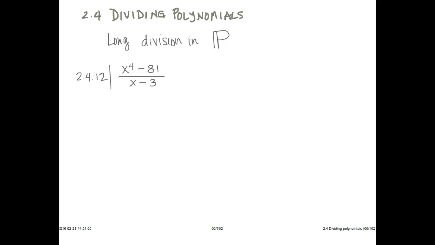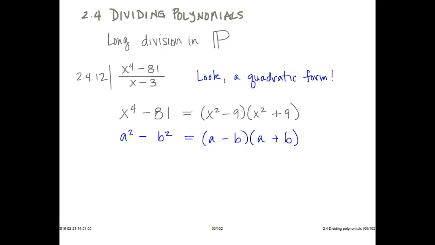Now, some of you may have looked at this and said to yourselves, aha, there's a quadratic form there. Yes, there is. And if we exploit that quadratic form, thinking of it as something squared minus something else squared, and then we can factor it a little bit further.